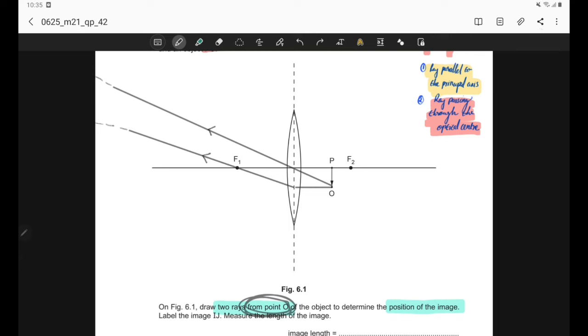In order to get that, we should extend these rays and check where they meet or intersect. So for that, we should extend these two lines using a ruler. We will get a point where these lines intersect, and at this point the image will be formed.